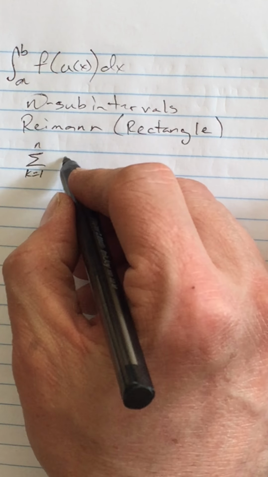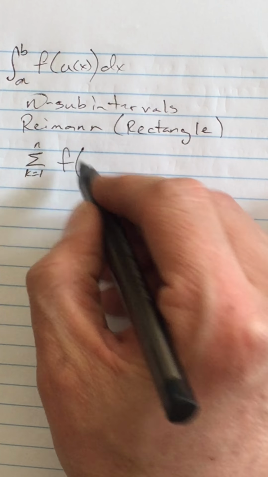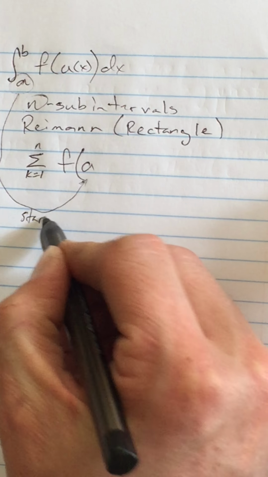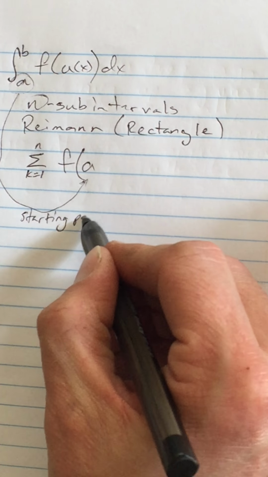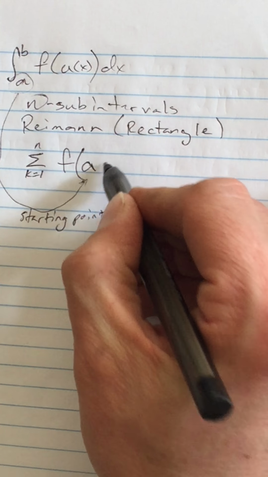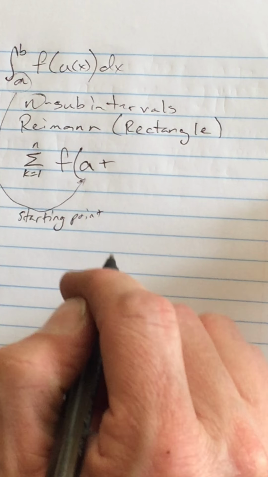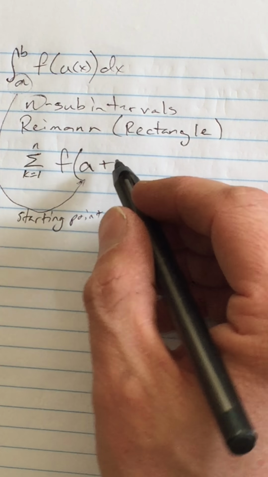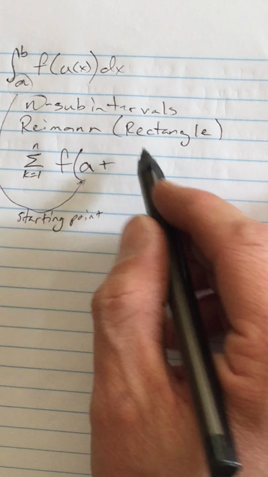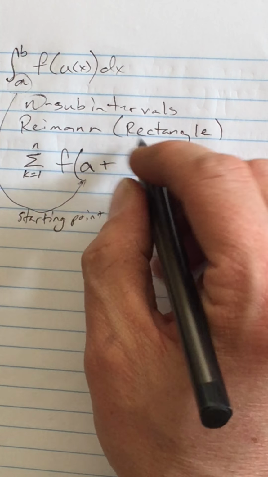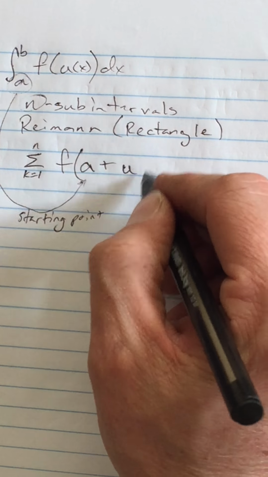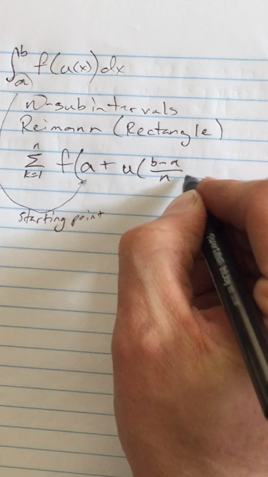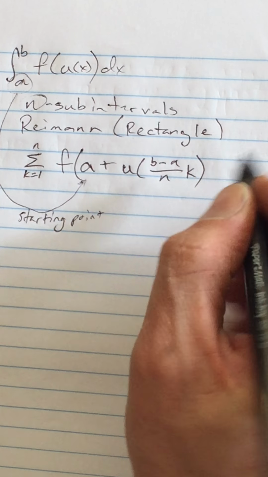It's going to be the function from a, whatever your starting point is. So it's going to be a plus, and sometimes it's 2 or 3 or whatever. Then instead of u of x, it's going to be u of (b minus a) over n times k.